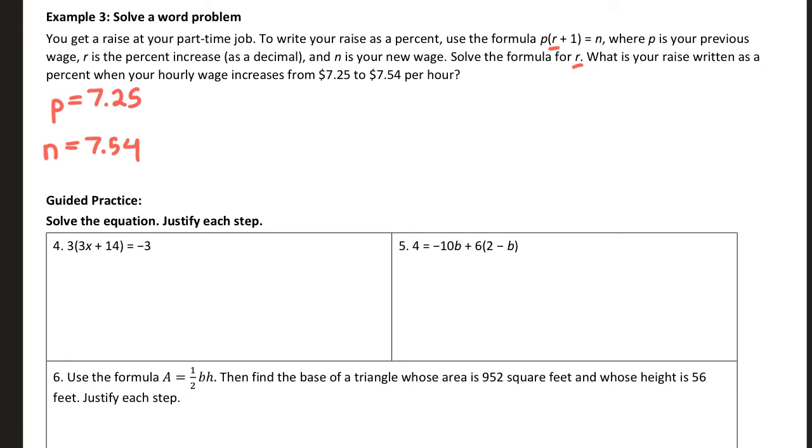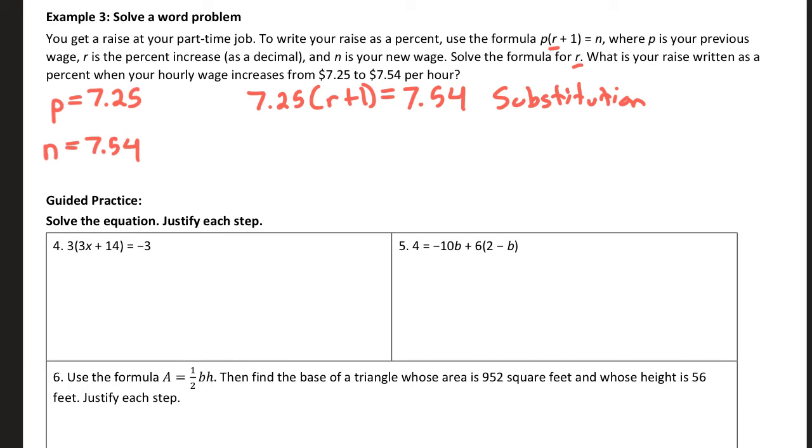So to write out this equation with my new values, I'm going to write this as 725 parentheses R plus 1 equals, and I said N was 754. So my justification for this is the substitution property. I substituted out P and N and substituted in the values for them.